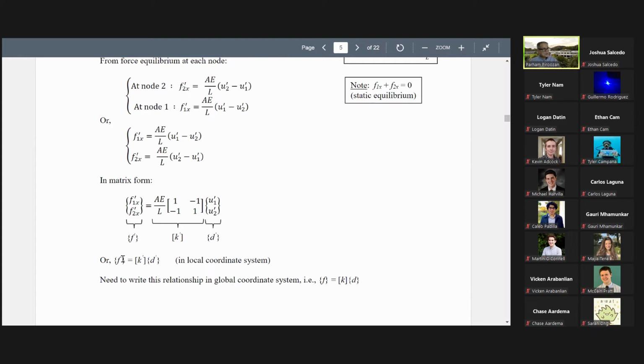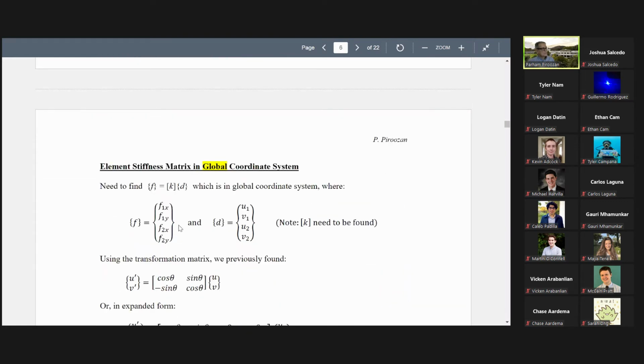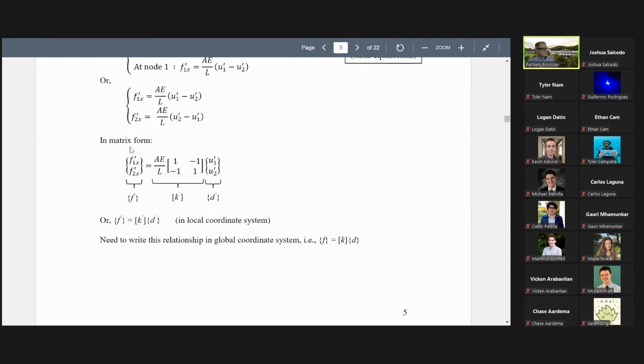We don't want this. We want without prime. These are with respect to local, but we can't just follow the element. We have to find everything with respect to the global coordinate system. So we need to write it in the global coordinate system. We need to write F is equal to KD without primes. That's what we are going to do here. In the global coordinate system, we want this F to look like this. You see F prime looks like this here: F1x prime, F2x prime.